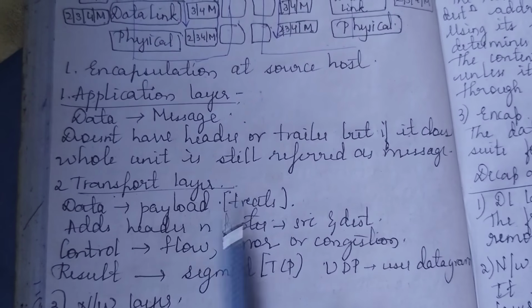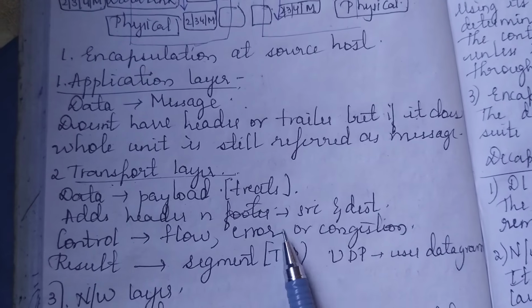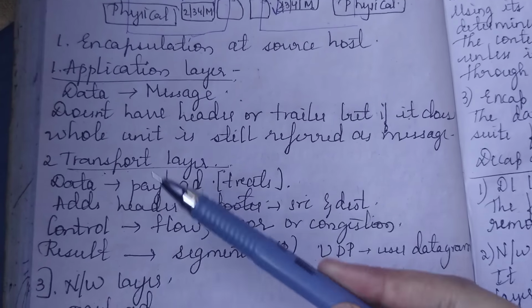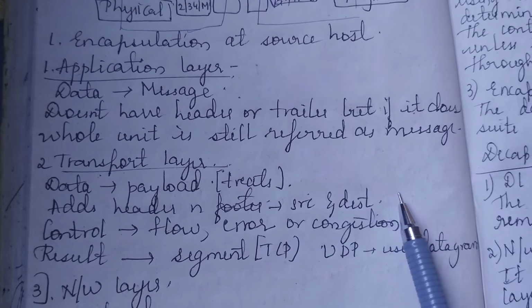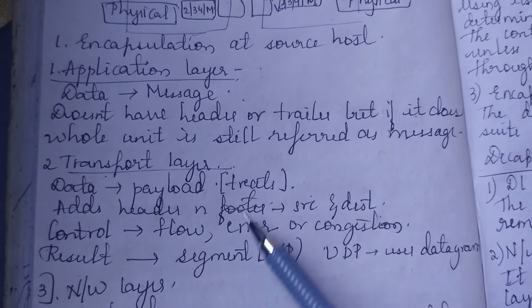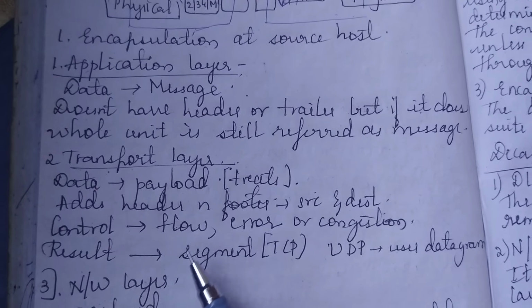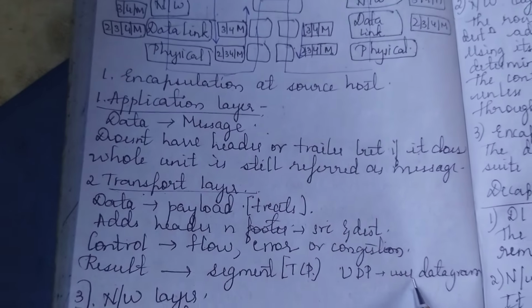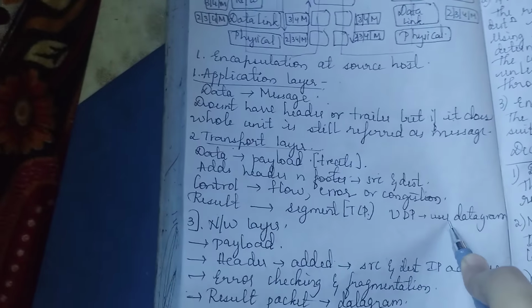In the transport layer, there is control, that is flow control, error control or congestion control. And the result after the controls are checked, the packet we send to the next layer is called a segment in case of TCP and user datagram in case of UDP.